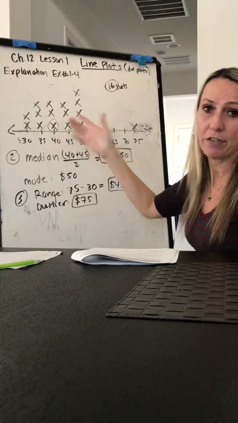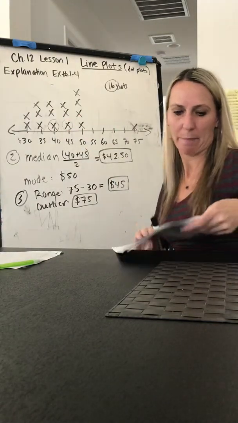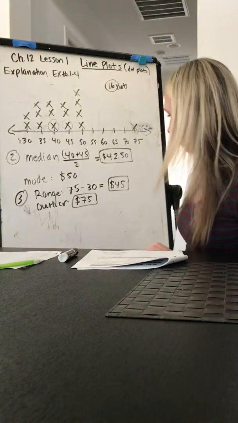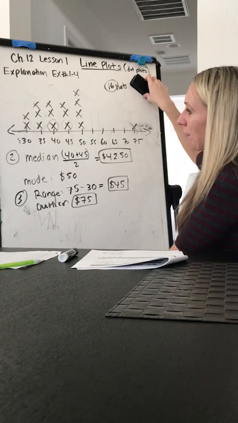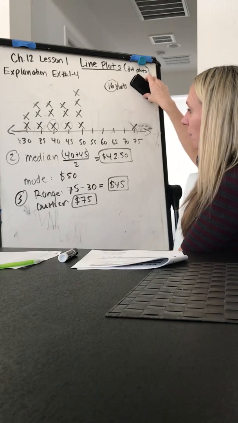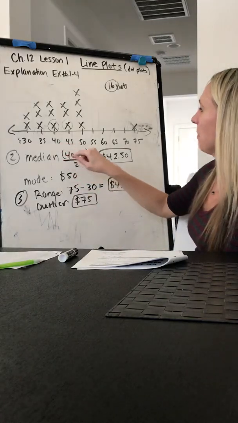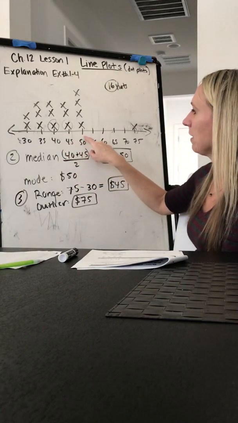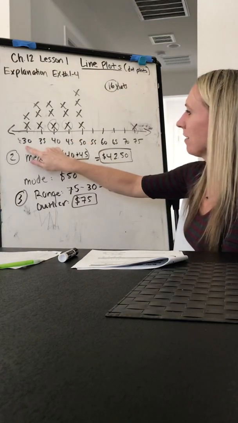Wait, then I also have to say this. 30 is 20 under 50, but 75 is only 25 over. Does that make it an outlier? Well, the reason is because between 50 and the data before it, there's a whole lot of numbers. So you're going from here to here.